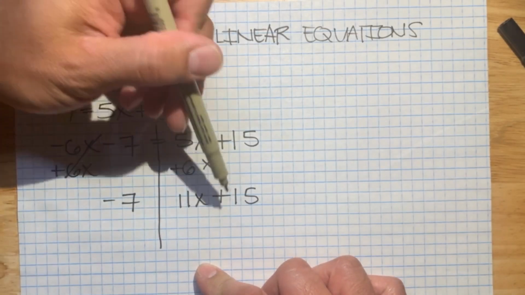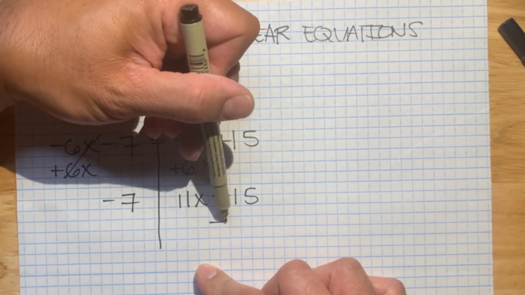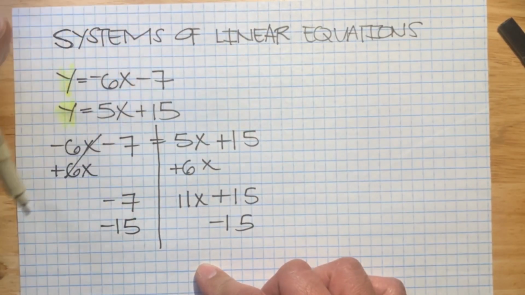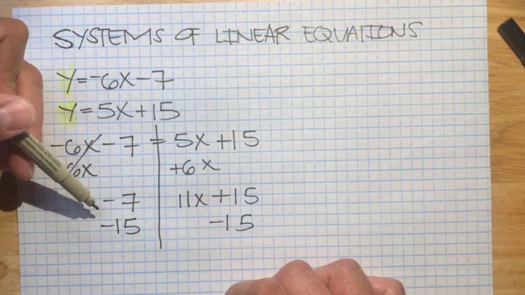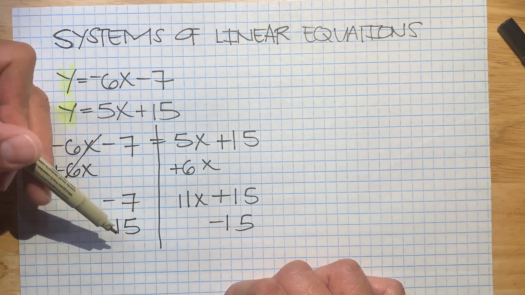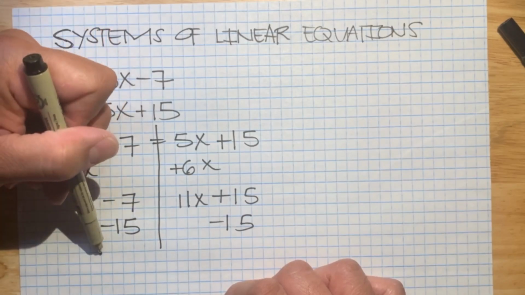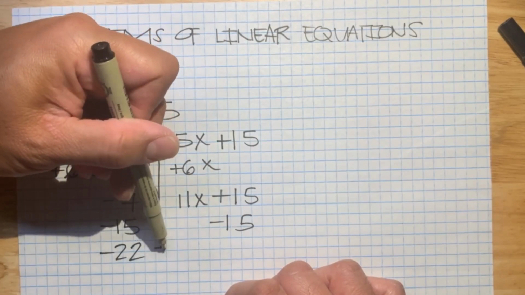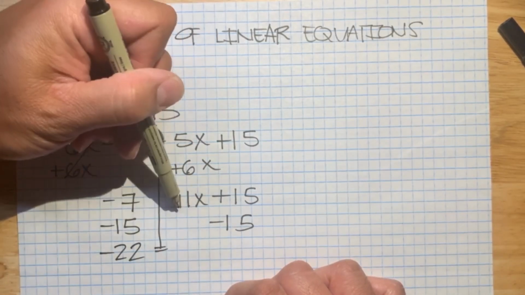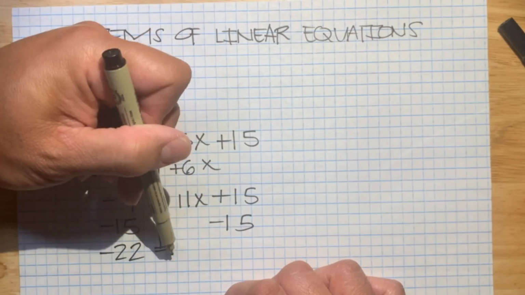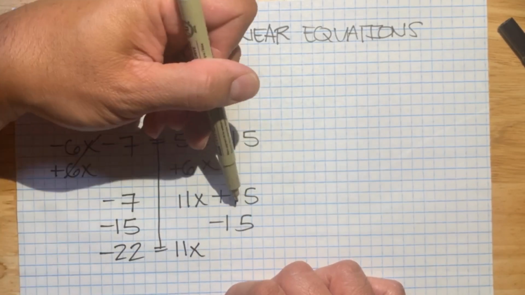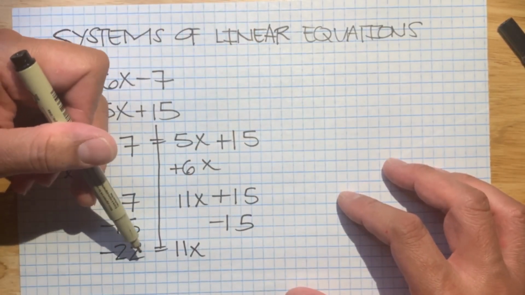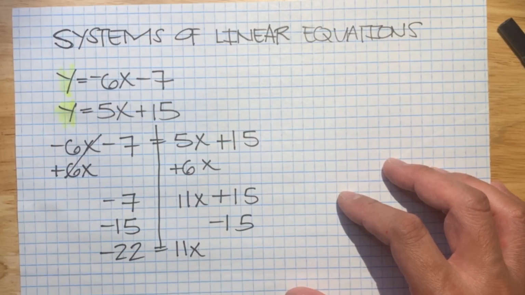Now what we're going to do is subtract this 15 from both sides because we want to get all the numbers together. And negative 7 minus 15 is a negative 22 equals, I'm going to bring whatever we have left over down, which is the 11x. Since this 15 and negative 15 cancel out, we have negative 22 equals 11x.